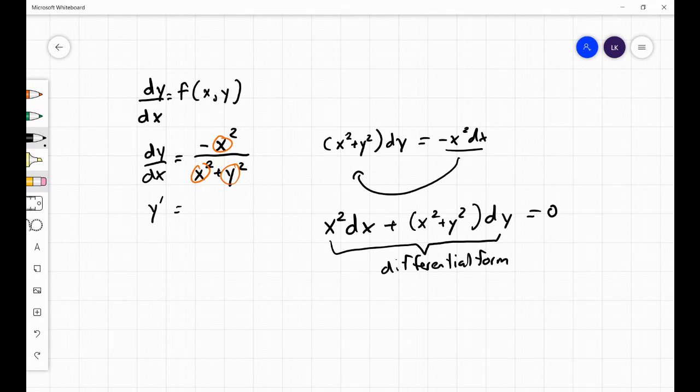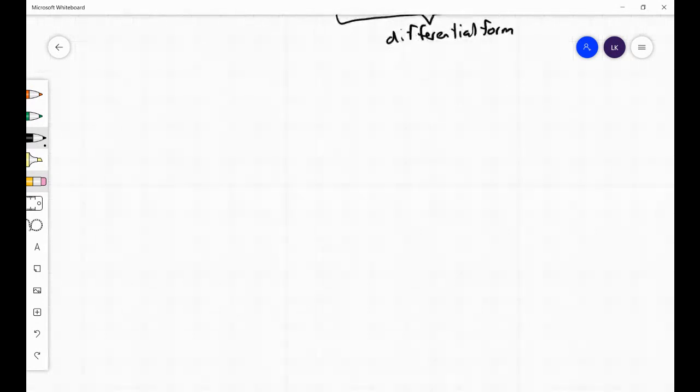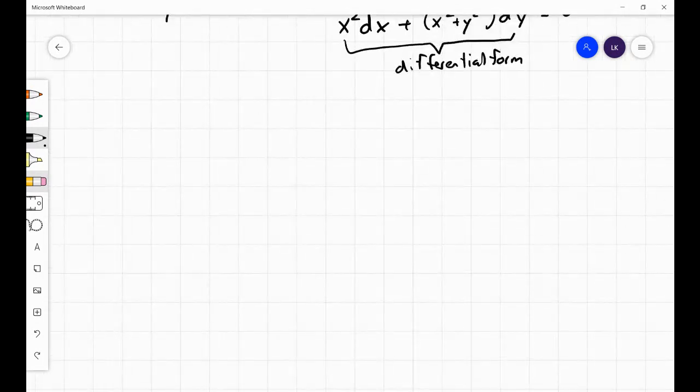So now let's look at a differential equation, and I'll write it both in differential form and in the standard form. So this is going to be an example of shift to homogeneous.